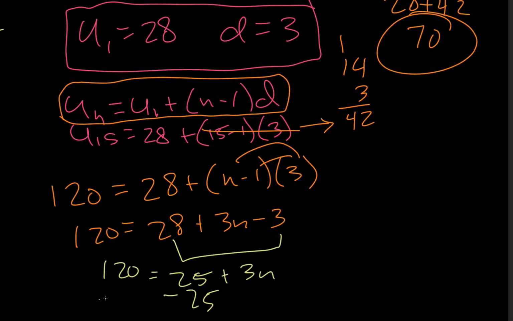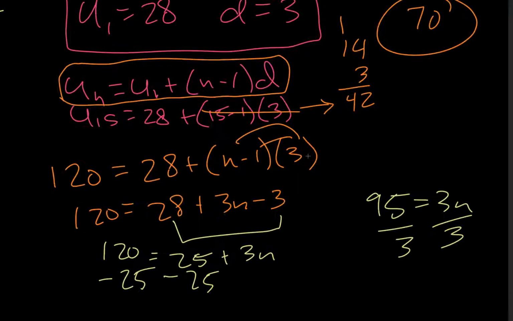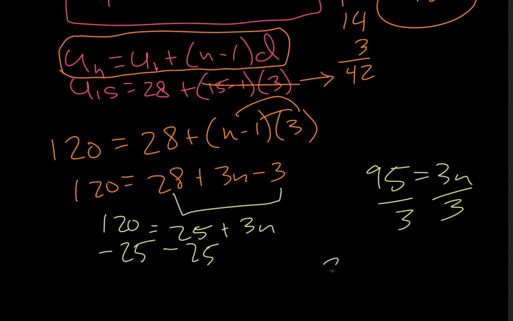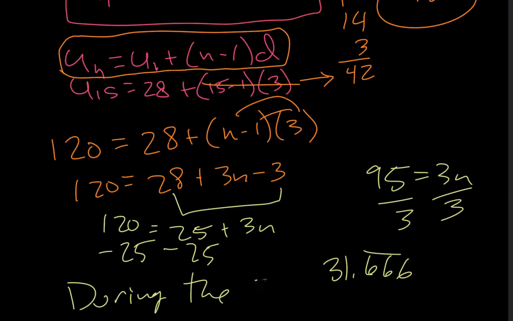Subtract 25, subtract 25, so we get 95 equals 3n, divide by 3, divide by 3, and that's going to give us 31.666 repeating, and so it's not exactly on a week, so it's not the 31st week, but we're just going to say during the 32nd week. Okay, that's when he sends the 120th comic strip.